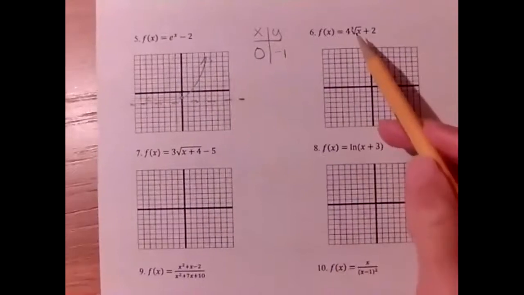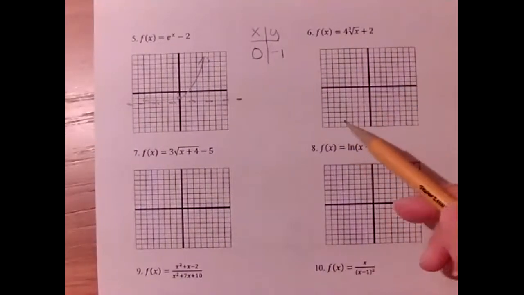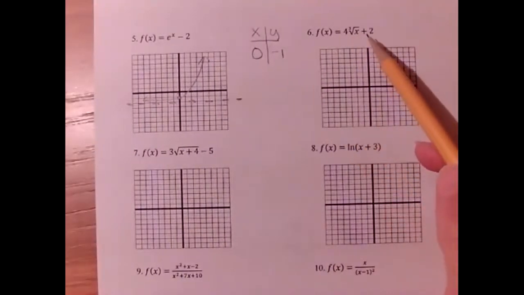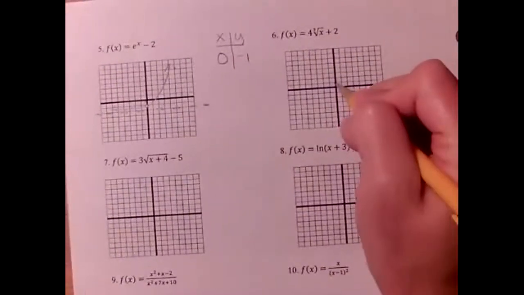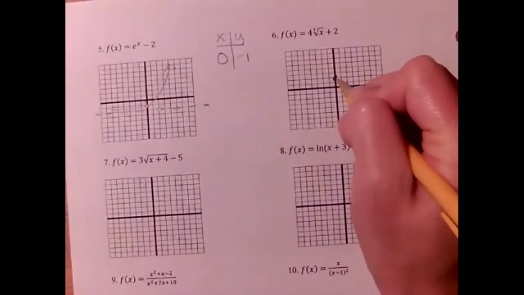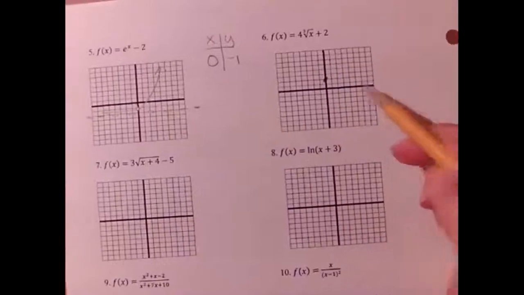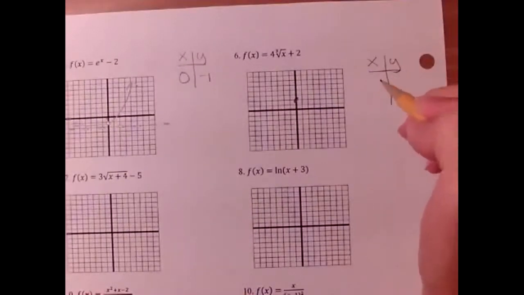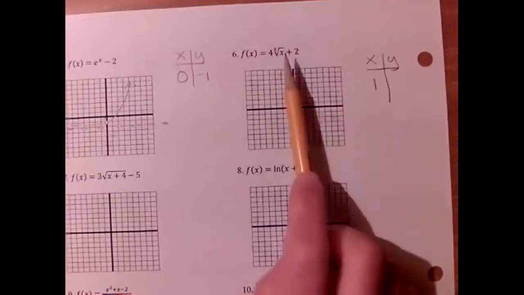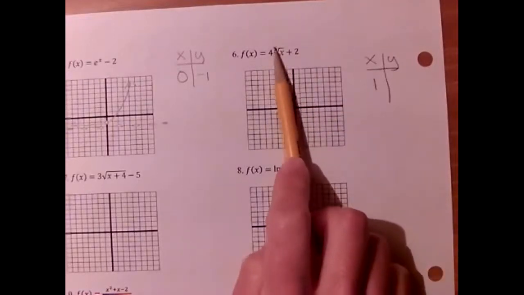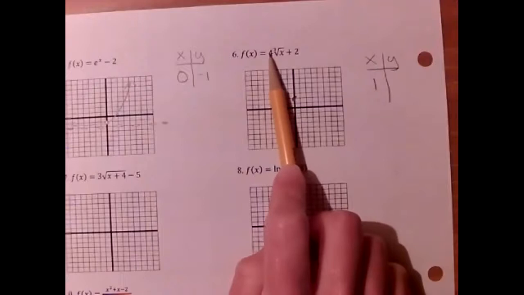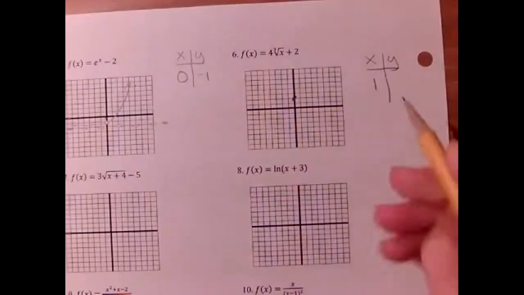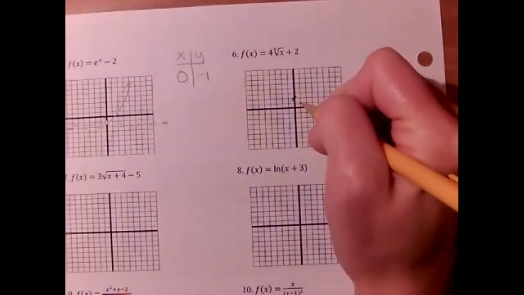All right, this is cube root, so it's going to be that wiggly kind of shape on its side. It moved up 2, so I'm going to start by going up 2. And then I want to plot some points on either side of that, so let's try 1. If I plug in 1, cube root of 1 would just be 1, times 4 would be 4, plus 2 would be 6. So I'm going to get (1, 6).